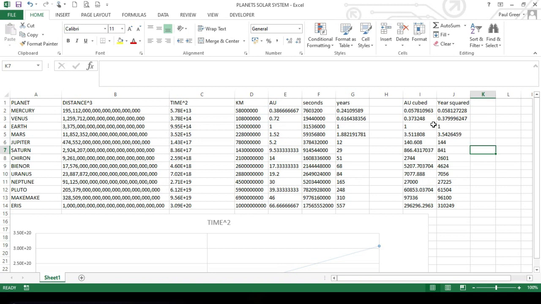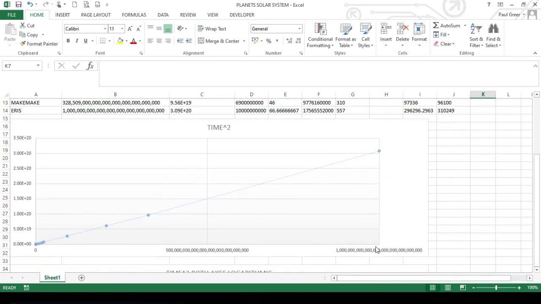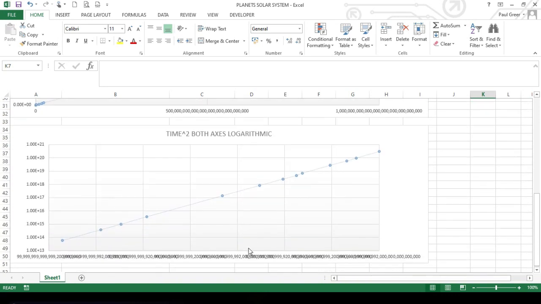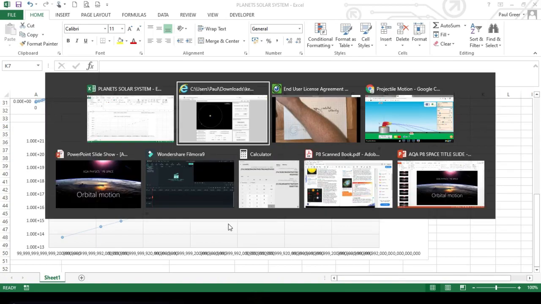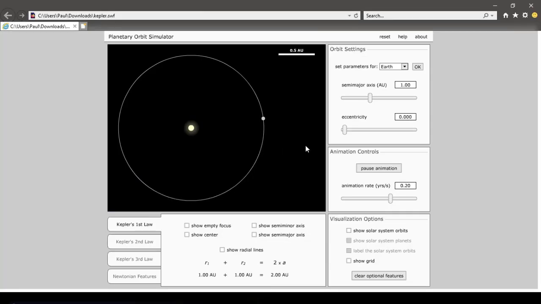Now the way it's all matched up here is, if we look at AU and the year, obviously Earth is 1 cubed is 1, 1 squared is 1, but these numbers approximately match up, and that's why we can have this nice straight line, because there's a direct proportionality between the distance cubed and the time squared. So you can download this, have a go at it.